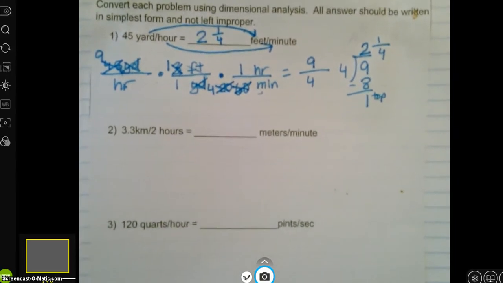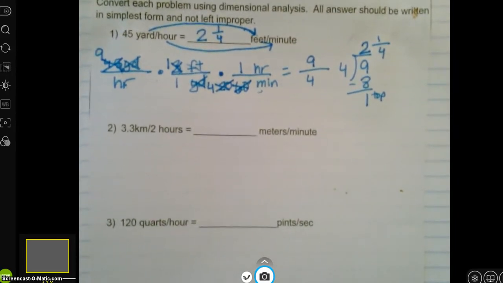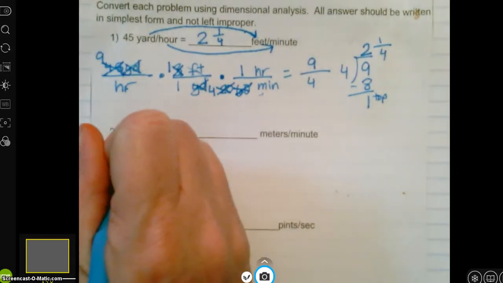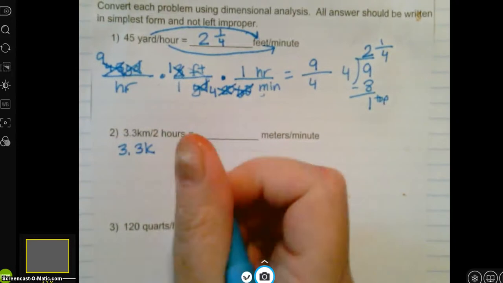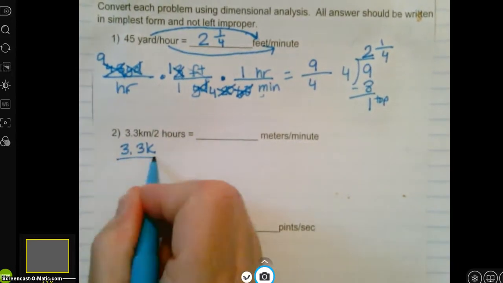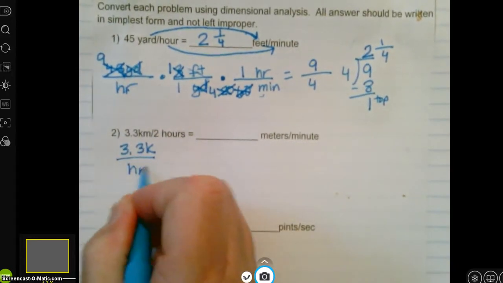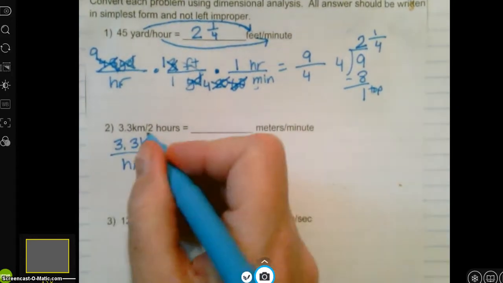Okay. Now the next one, it's the same thing, but this time we're going to use metric. And with metric, we move our decimal a lot instead of actually showing the multiplication. So we're going to talk about that. So remember, our first step is start with what you're given, which is 3.3 kilometers per 2 hours.